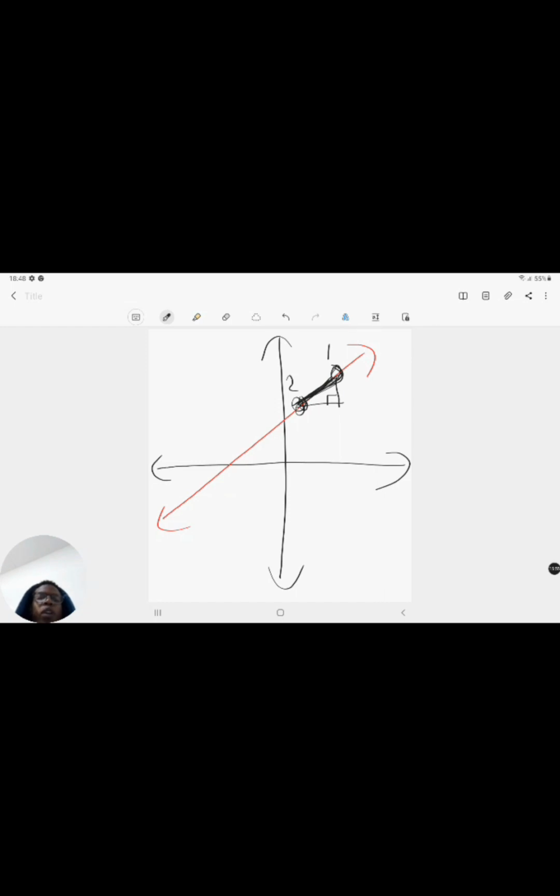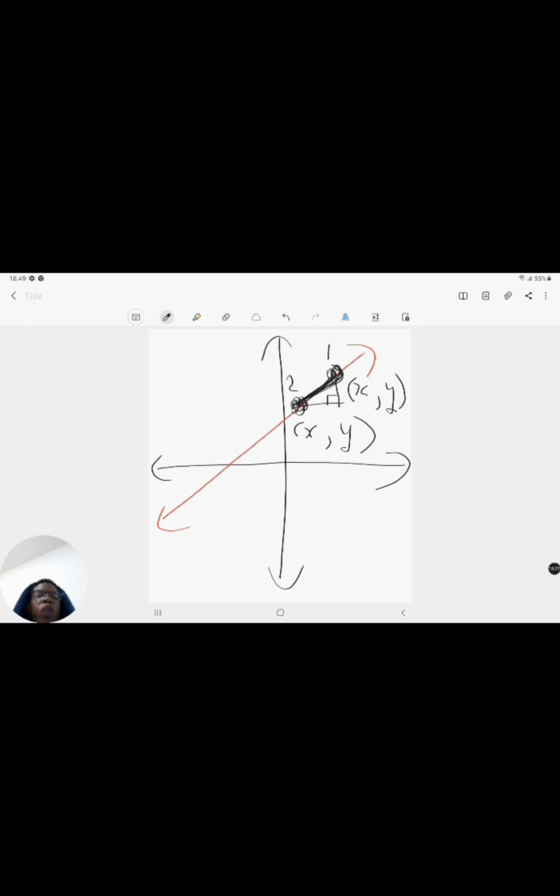So point number 1 there is represented by coordinates x and y, and this point is also represented by coordinates x and y. But these points are not the same. This point is not the same as that point because they are at different locations.